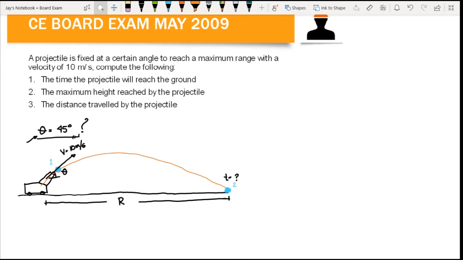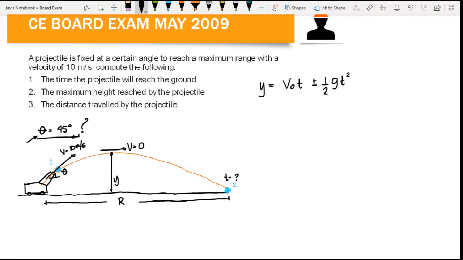The formula that we will be using here is the formula for the vertical distance. The formula of y, as we all know, is y equals the initial velocity times the time, then plus or minus 1/2 of the gravitational acceleration g, then t squared.